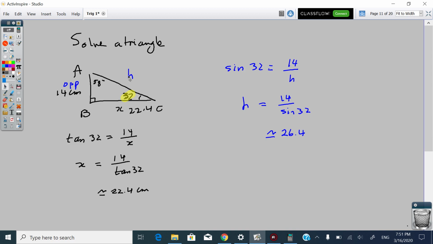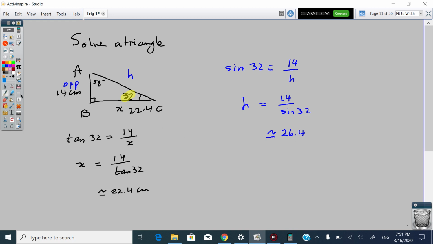And we want to work out the hypotenuse. So as far as the 32 is concerned, this is the opposite, and this is the hypotenuse. And obviously the ratio that connects them is the sine. So sine 32 equals the opposite over the hypotenuse, so h equals 14 over sine 32, and that equals 26.4 centimeters.